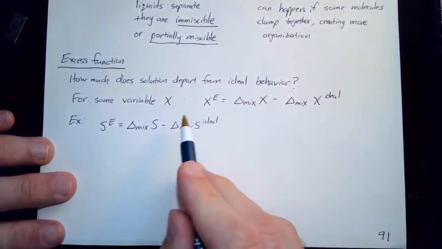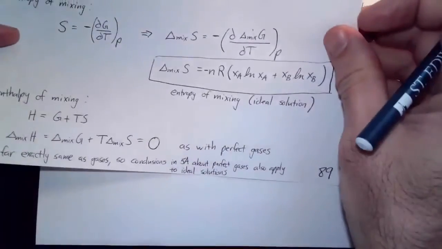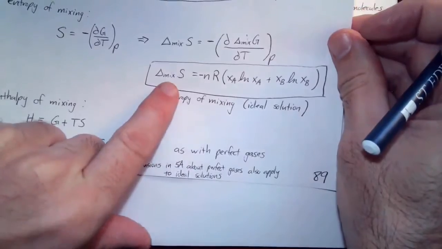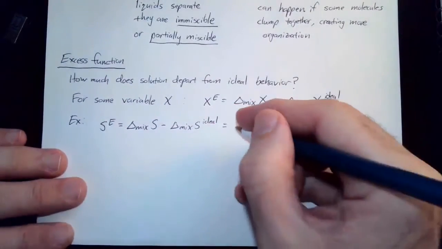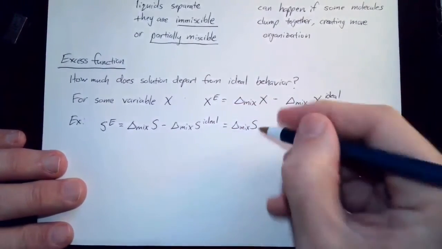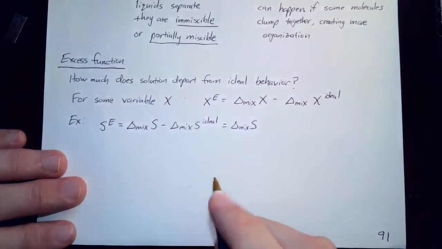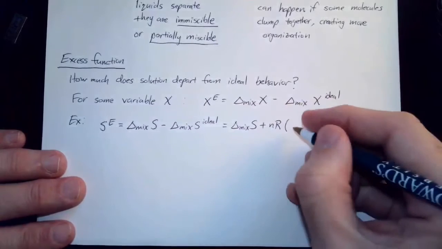And this is the quantity we computed earlier that we've been using in this section and in the previous section. This could be calculated as the actual mixing minus a negative nR, so plus nR. This is the ideal entropy of mixing.